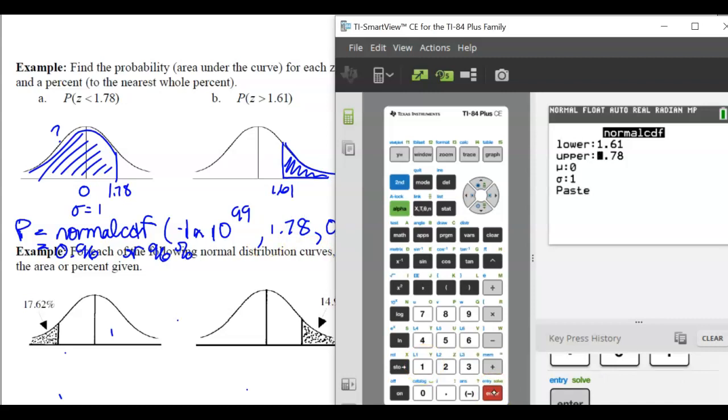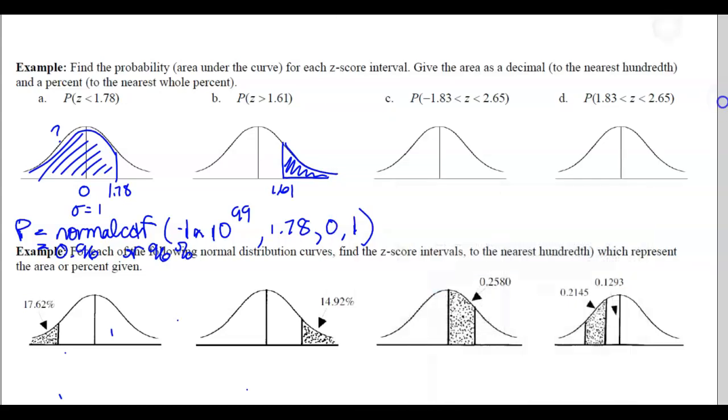In our calculator, we go 1, and then that fast way is second, comma, which gives you the E, 99. Mean, standard deviation, we're using z-scores, paste it. Okay, 0.05, so 0.05, 5%. So I'm going to put it up here.